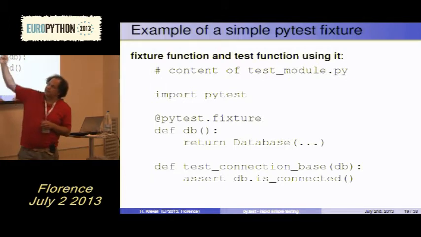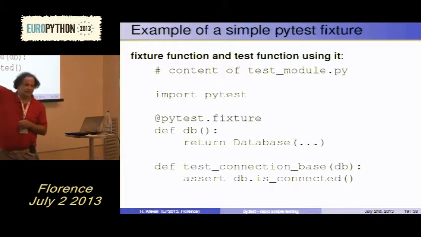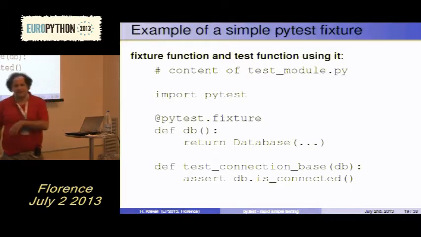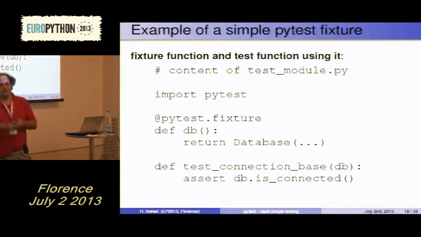And that is something that since PyTest version 2.3, you do like here, like this above. You basically just use the decorator and say, this is the function for the DB resource, and it basically somehow creates the database. And then suddenly in all your test functions, in that module in this case, but you can also make it project-wide, you can just use the DB argument and get your database.